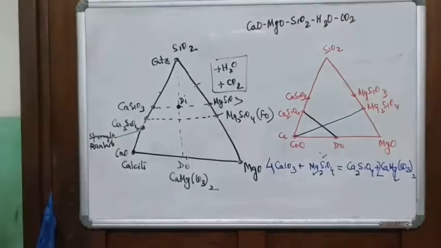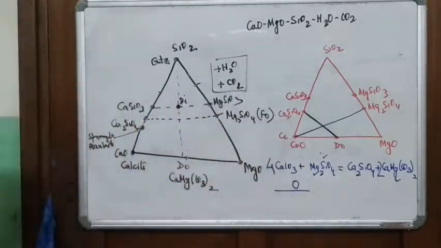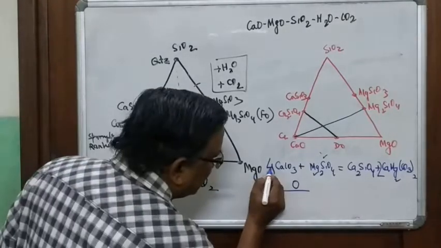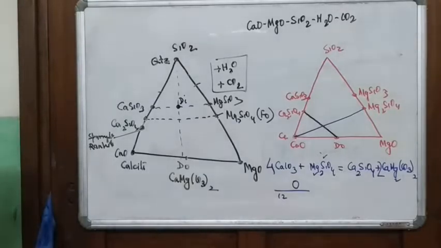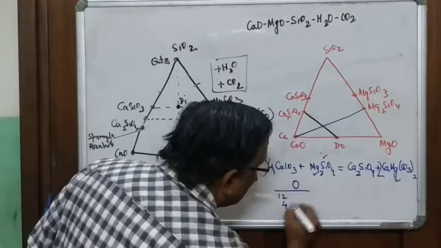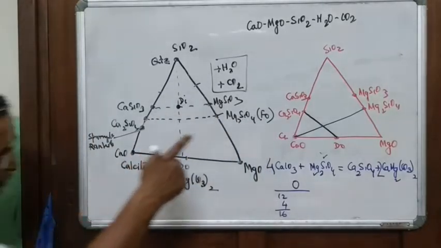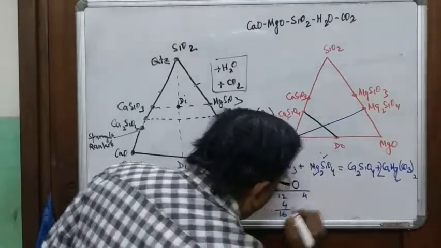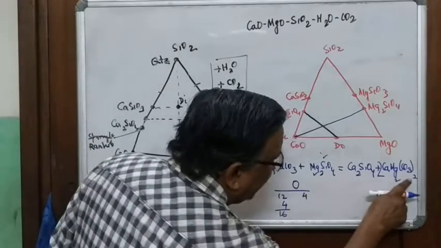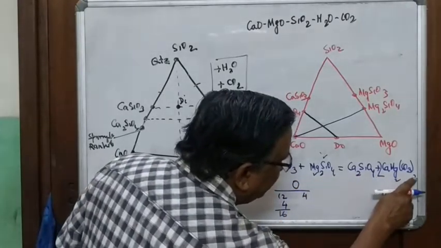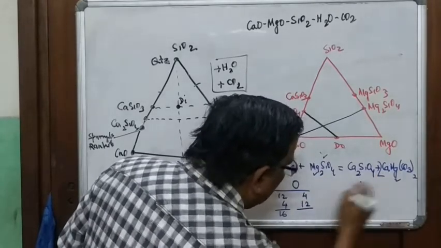So if carbon is balanced, then you look for oxygen. Let us see what happens to oxygen. Here you can see how many oxygens there are: 4 into 3, 12 oxygen on the left hand side, plus 4 oxygen here, so you have 16 oxygen. And if you go here, there are 4 oxygens for Ca2SiO4, and you have 2 into 4, 4 into 3, 12 oxygen in dolomite.